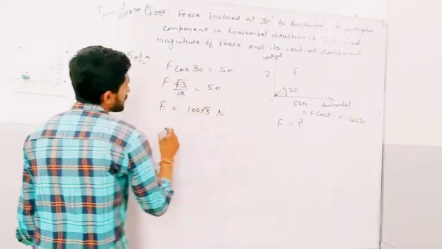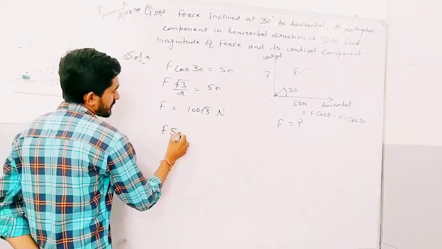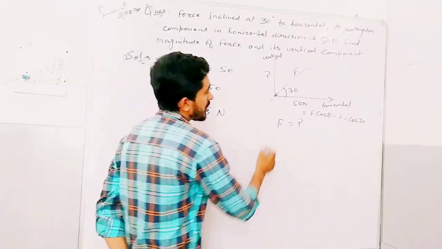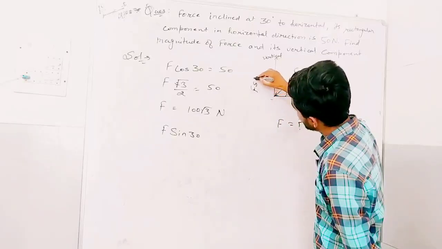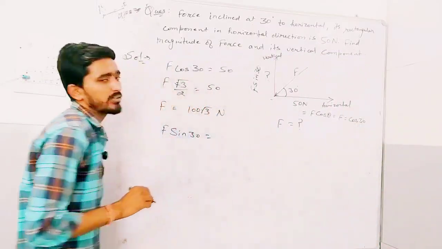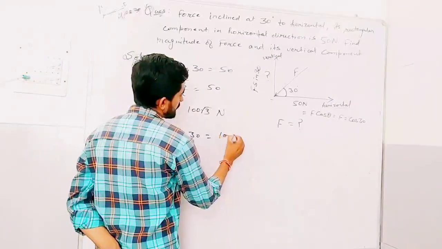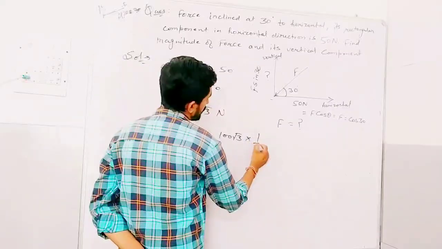What will be the vertical component? Vertical component becomes f sin 30. This is f cos 30. This is f sin 30. What is f sin 30? Vertical component f sin 30 is 100 root 3 into sin 30, which is 1 by 2.